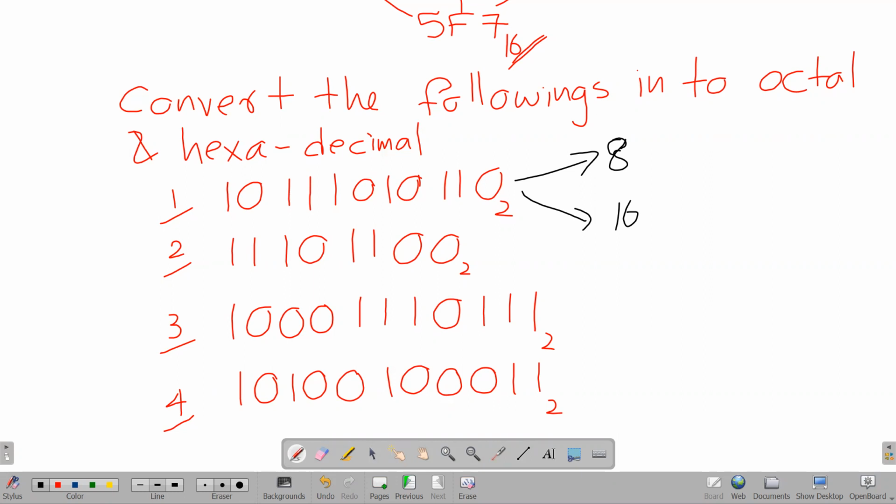Keep it up, that's good. Yes, Mihini, second one is also correct.